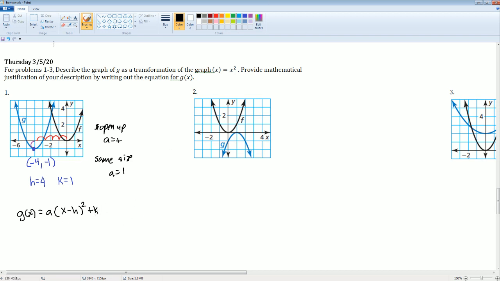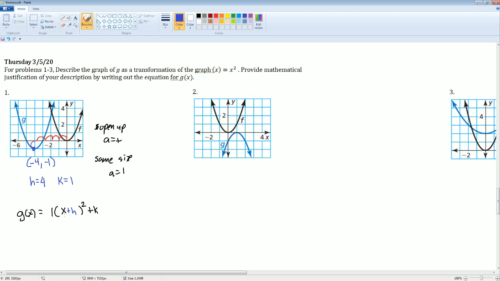So we know that a has to be equal to 1, so I could just put a 1 here. Then I know h. What is h here? The h here is plus, because remember, when we write it, it becomes a minus.